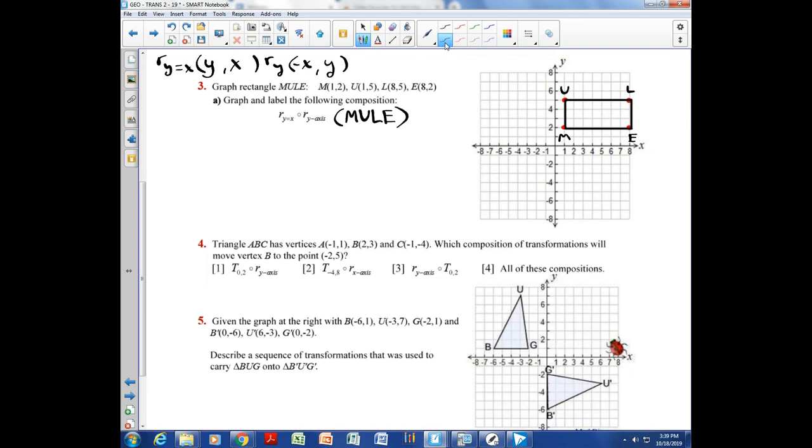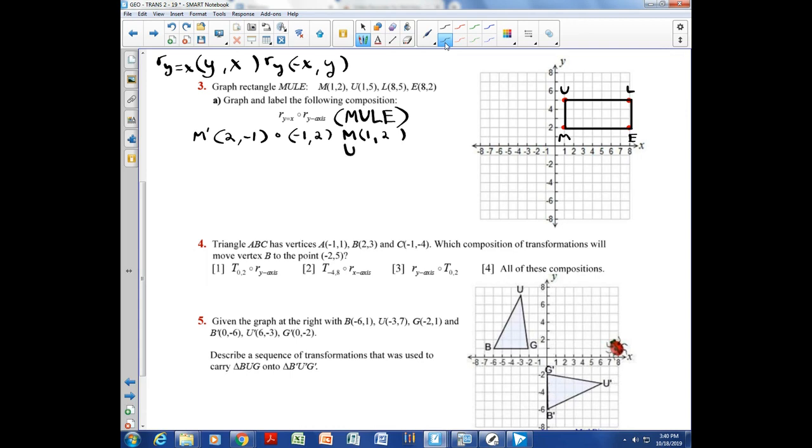So let's start with my M. The M here is 1, 2. So I'm going to work this way, dot, and that's going to be my final M prime. Let's do that with 1, 2. Well, when we go over the y-axis, we change the x and keep the y, and then we switch them.